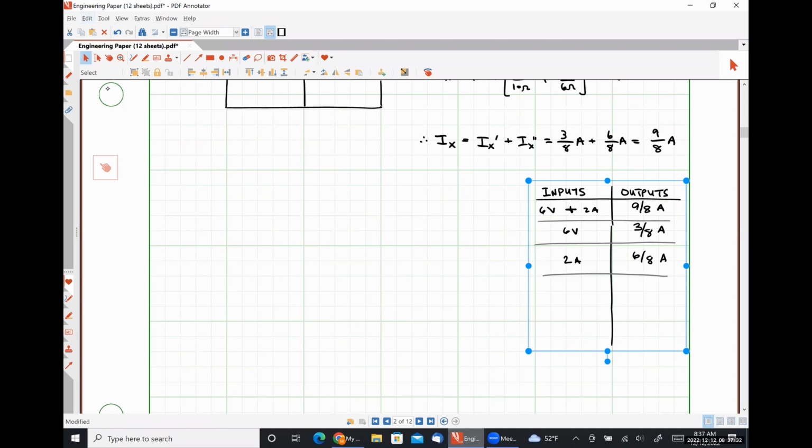All right. So we have talked about the superposition principle. We have now applied the superposition principle. Let's switch gears slightly and talk about the concept of linearity.